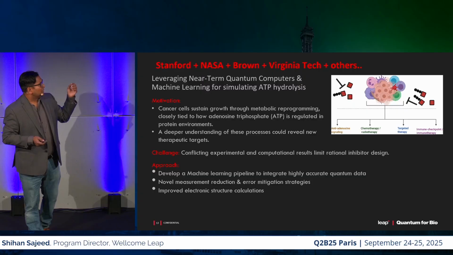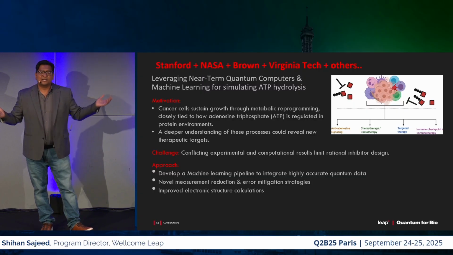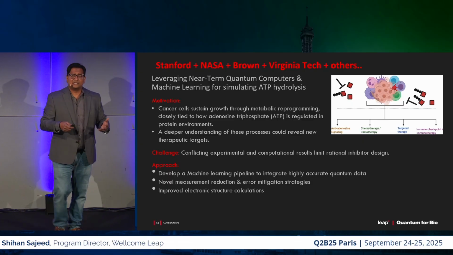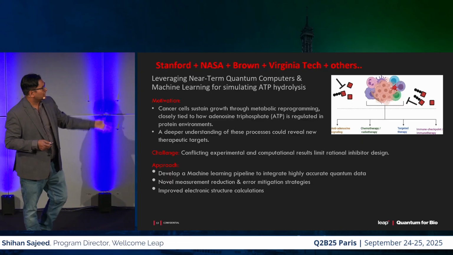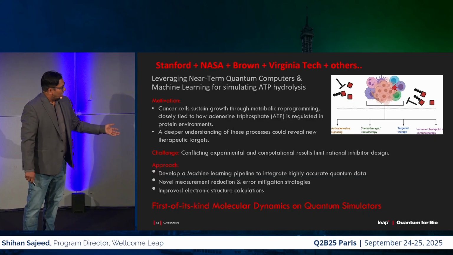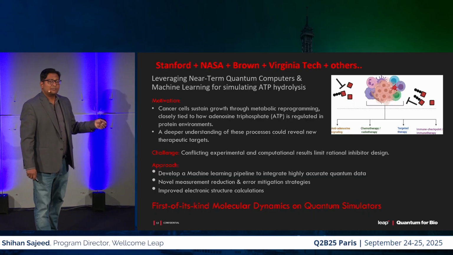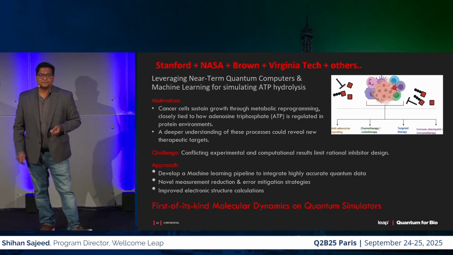This is where this team thinks we could include techniques from quantum chemistry and connect them with machine learning capabilities in order to develop real results. So this is the second team also working on drug discovery. And so far, they have been able to demonstrate the first of its kind molecular dynamics on an actual quantum simulator.